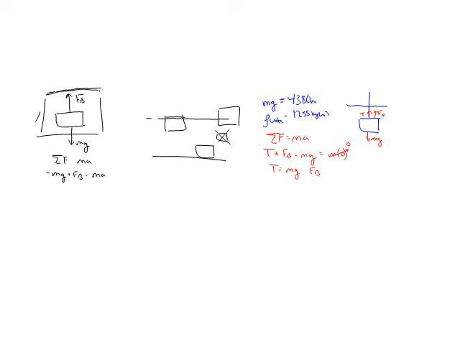Now what's nice is that this is mg of the crate, mass of the crate, minus our buoyant force, which is rho of the liquid, volume of the crate, and g. So I just replaced the buoyant force with that equation that I gave you for buoyant force.